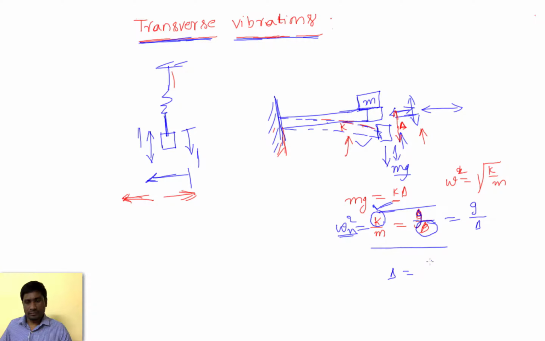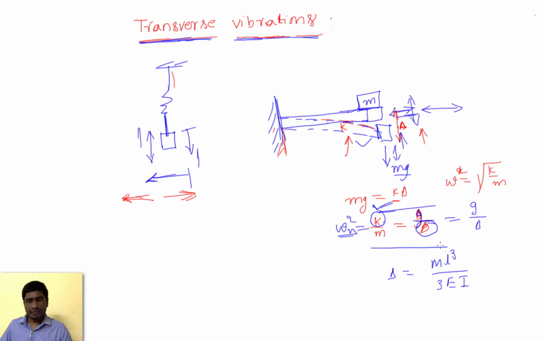Deflection equals m g L cube by 3 EI, where m is the mass, L is the length of the cantilever beam, E is the Young's modulus, depending on the type of material, and I is the moment of inertia of the cross section of this beam.